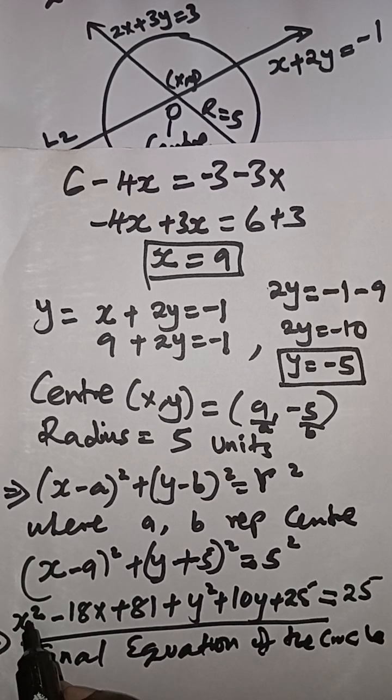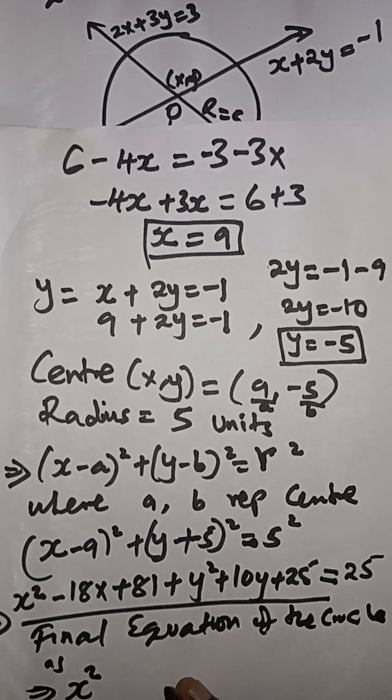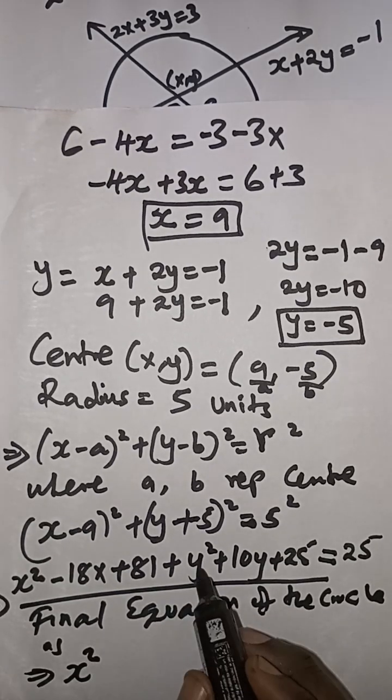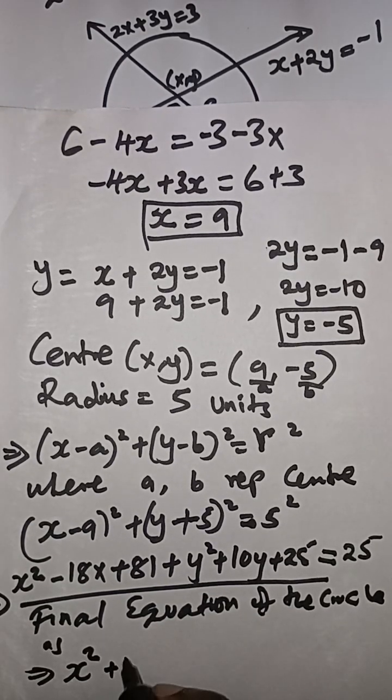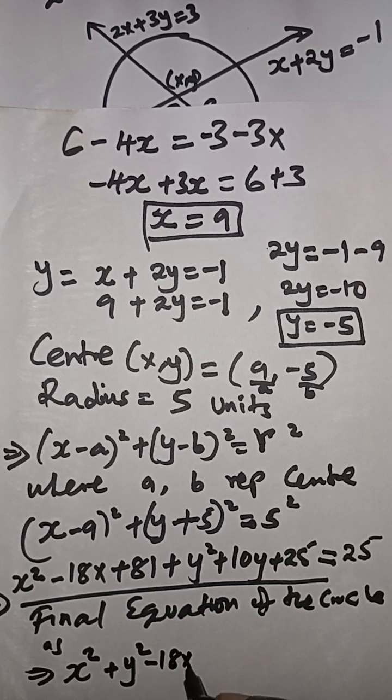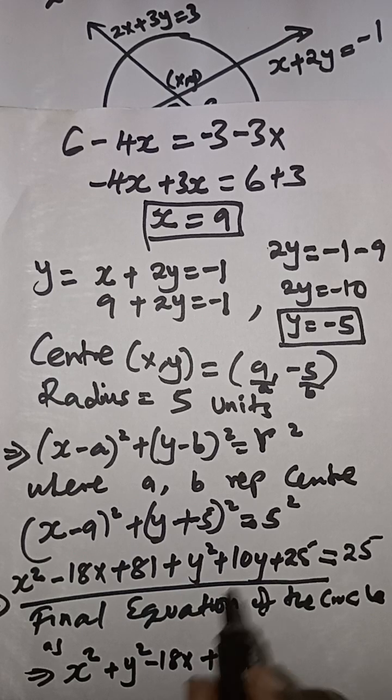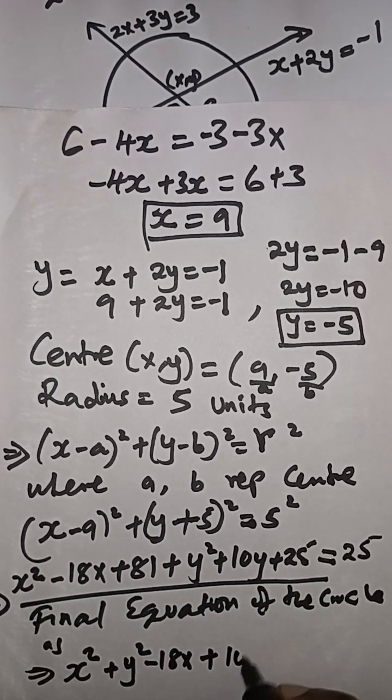I'll start by rewriting x squared and then y squared, and then the coefficient of x as negative 18x, plus the coefficient of y, I have 10y.